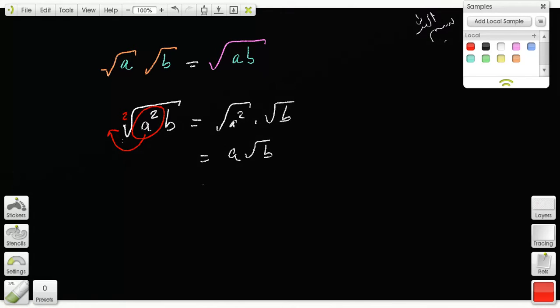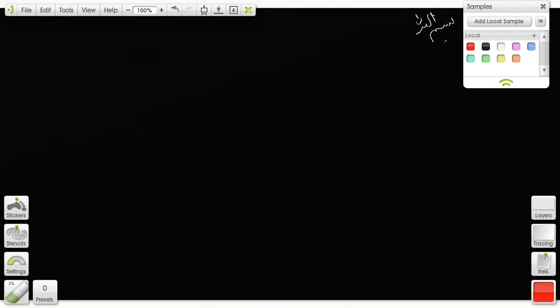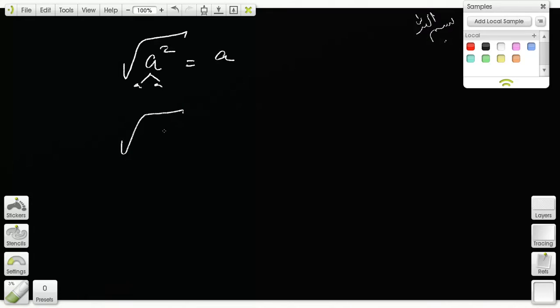So that's very important. Now watch this. What's the square root of a squared? Anytime there's a pair, come out a, because that's a times a. Now what's the square root of a cubed? Because this is a squared times a, you can take out 1 peanut butter jelly sandwich. That's a times the square root of a. Does that make sense?